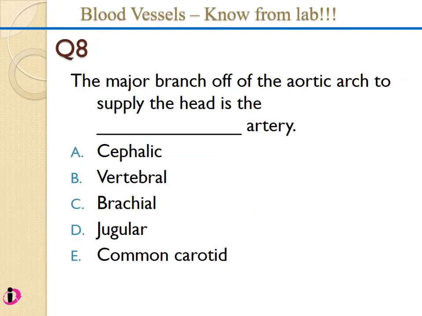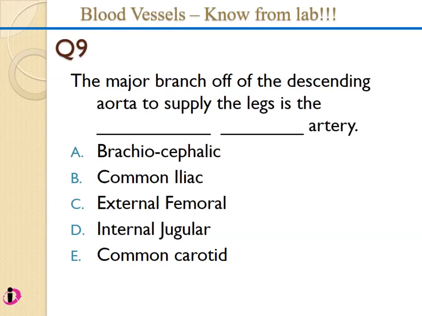Major branch off the aorta to supply the head. Big common carotid. Major branch off the descending aorta to supply the legs. Common iliac.